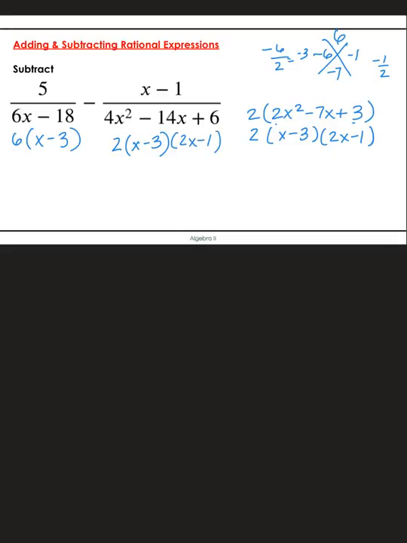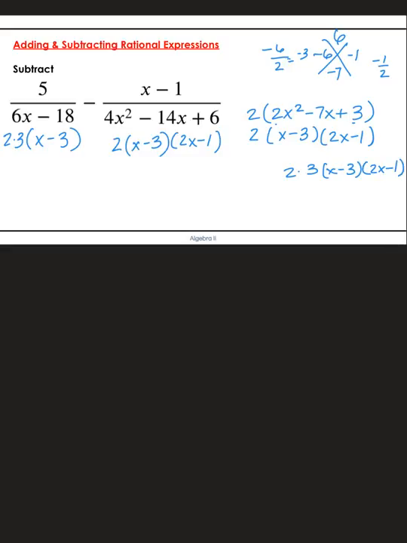Okay, so remember I said we need to keep in mind that 6 is 2 times 3. So I'm going to go ahead and erase this 6 and write 2 times 3 because that's what's going to help us get our denominator. So the greatest occurrence of 2 is 2. The greatest occurrence of 3 is 3. And then I have an x minus 3. And then I have a 2x minus 1.